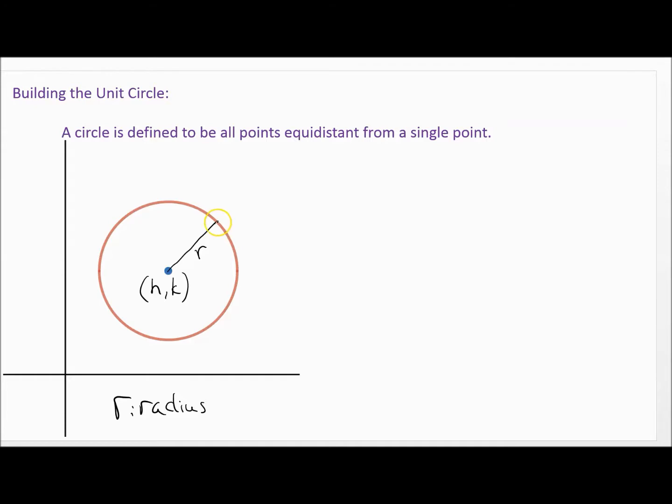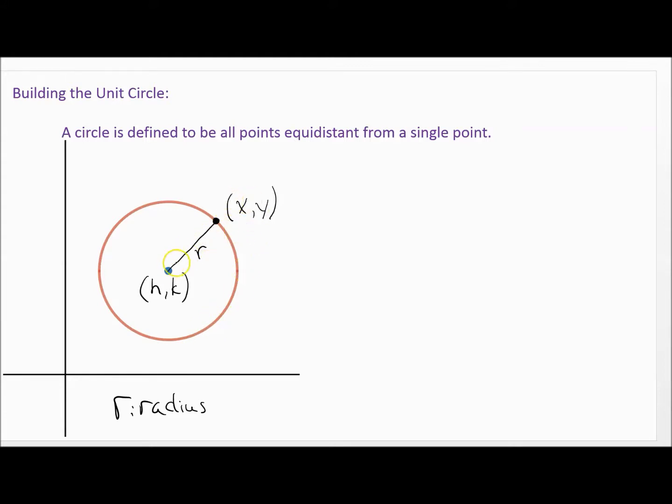So let's calculate this distance right here. Now, we said that a circle, again, for the third time, is any point that is the same distance from this point. So I'm going to call this point out here just any random (x, y). And where I drew it wouldn't matter. I could have drawn it here or just anywhere along the circle. I just picked there.